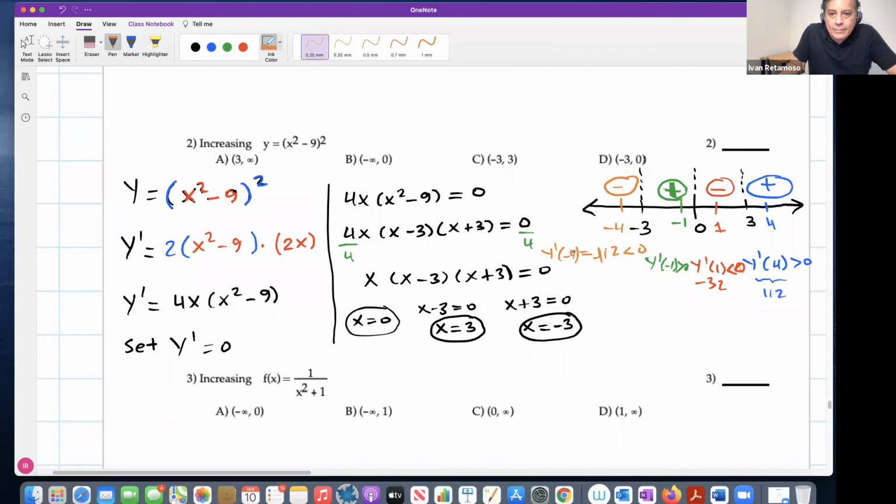Great. So now, what is important is to notice that this function is going to be decreasing here, increasing here, decreasing here, and increasing again here, right? But now, being careful, which is the largest interval, in your opinion, such that this function is increasing?